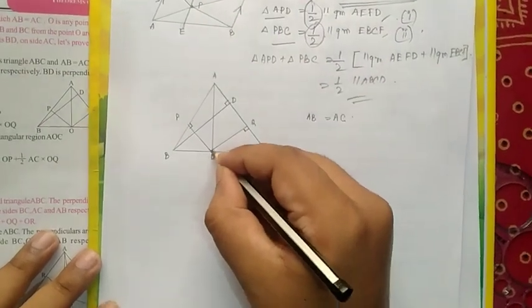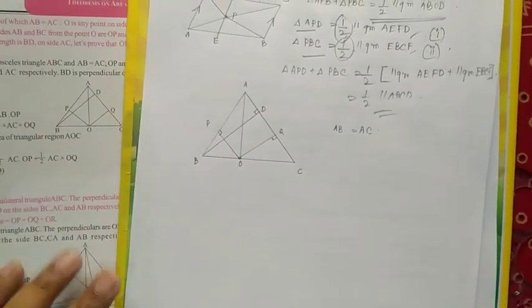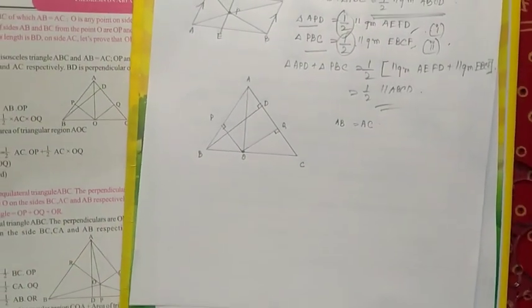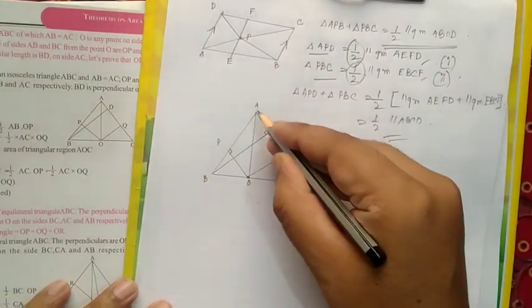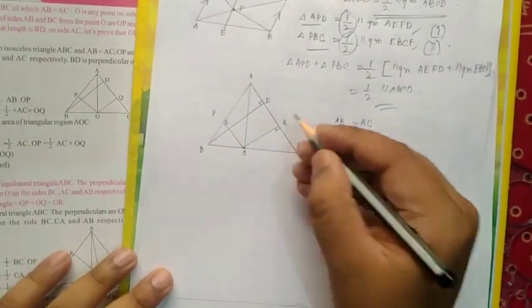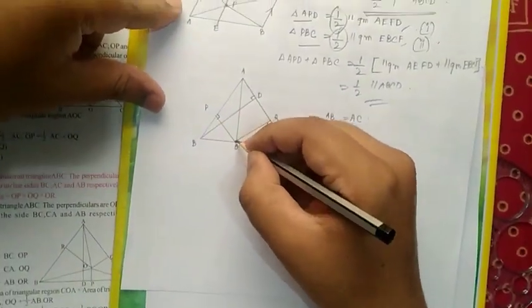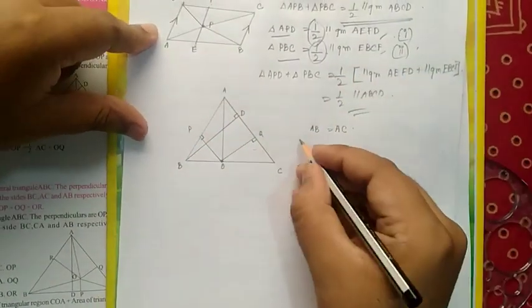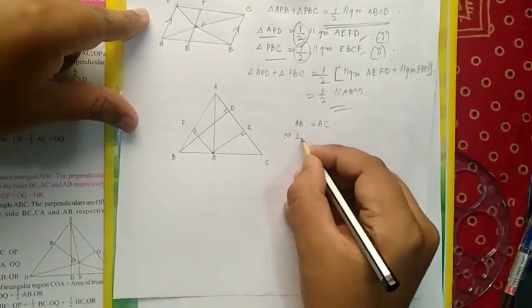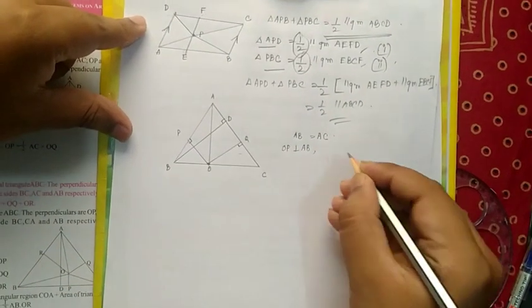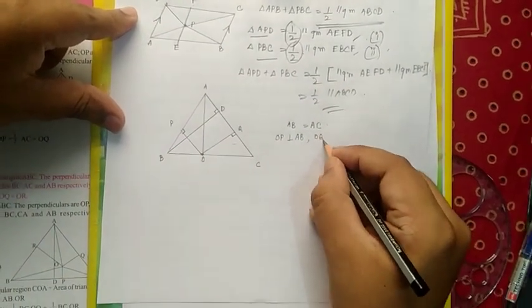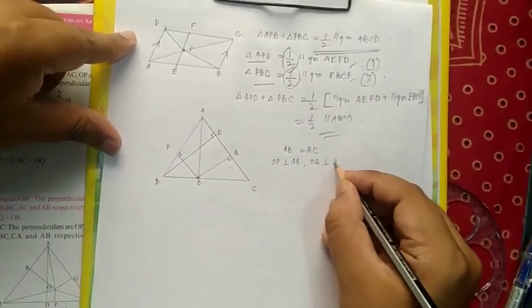Now from point O, the perpendicular distances to AB and AC are OP and OQ. Perpendicular distance means OP is perpendicular to AB and OQ is perpendicular to AC.